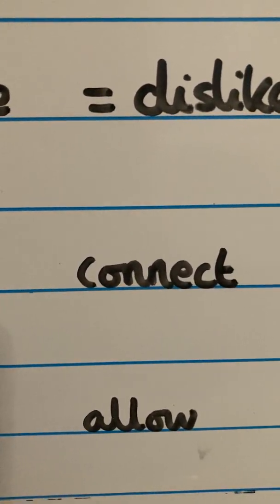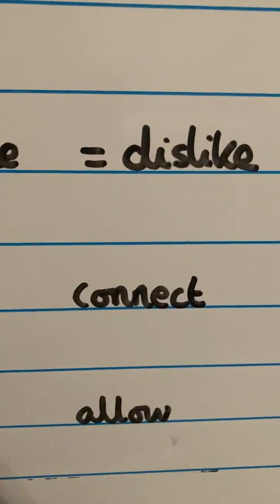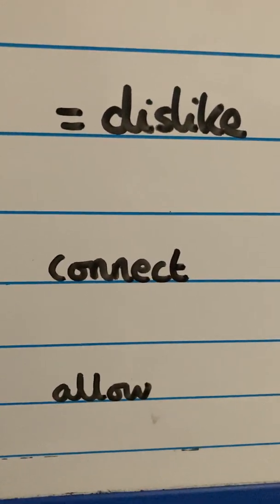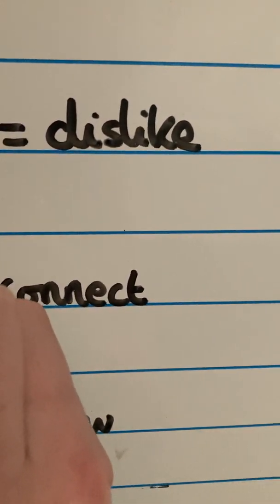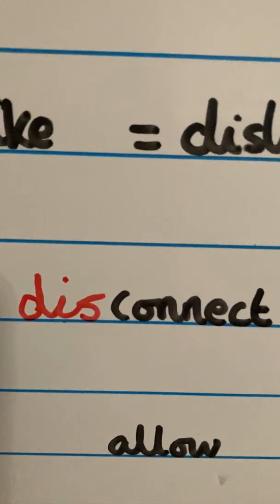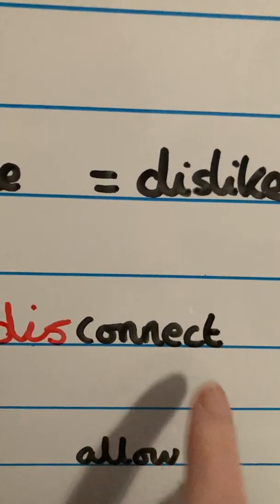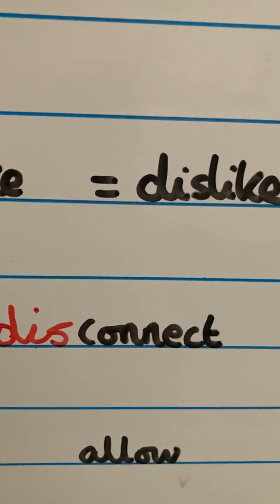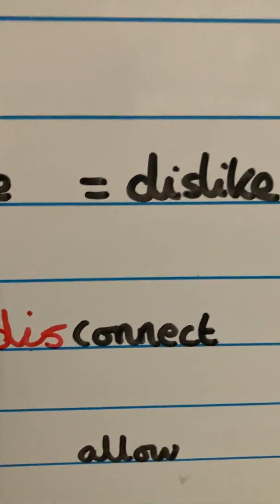We've got to add the prefix dis. Is it going to come before the word or after the word? Well done, that word dis, our prefix, comes before the word connect. You disconnect something. Okay, so that might mean if you connect a wire into the TV, and you disconnect, that means you've done the opposite, so you take it out of the TV.